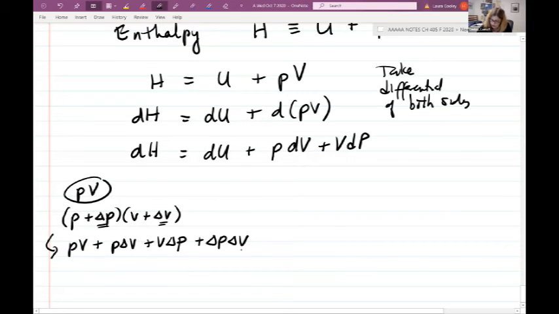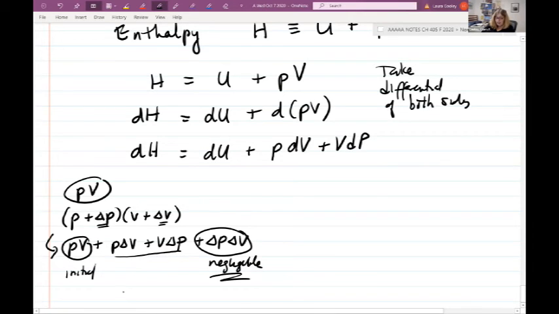It becomes all this stuff multiplied together. Well, this is the initial, so we subtract that out to find the change. And this last term is negligible, because you're multiplying something very close to zero by something else very close to zero. So basically you end up with P delta V plus V delta P, and that's P dV plus V dP when you go to the infinitesimals. So when you take the differential of PV, you get P dV plus V dP. We'll do this over and over again, so make sure you get familiar with that.